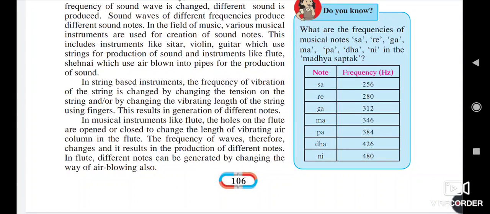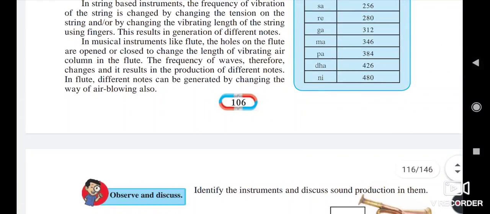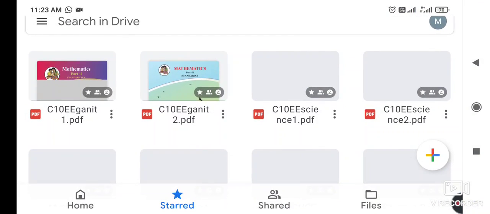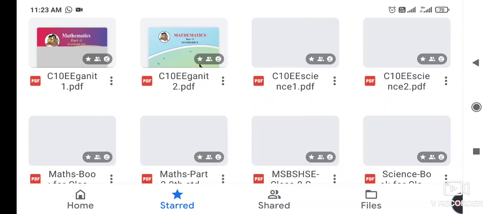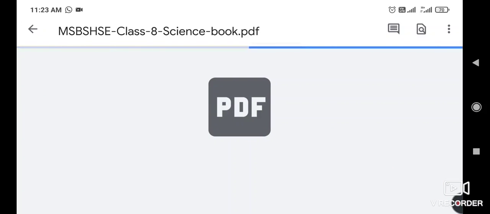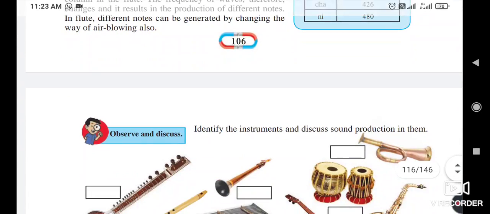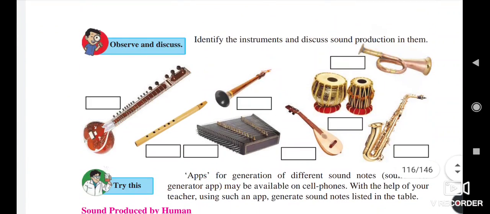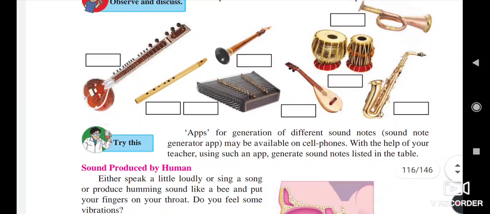The frequency of waves therefore changes, and it results in the production of different notes. In the flute, different notes can also be generated by changing the way air is blown. So here are some instruments like tabla, bigul, sitar, sarangi, flute, veena, shehnai.